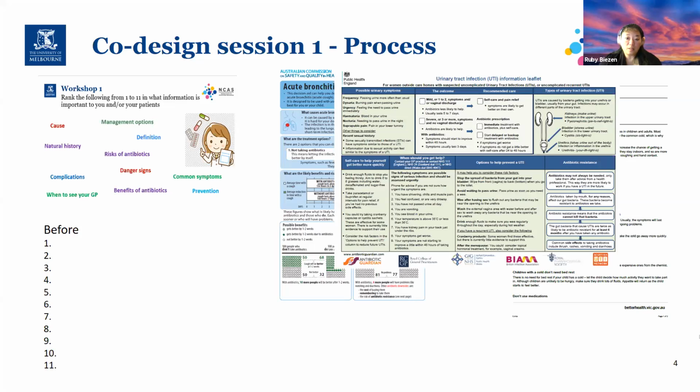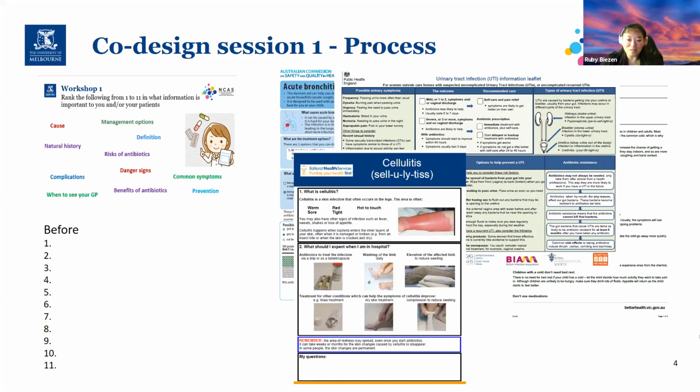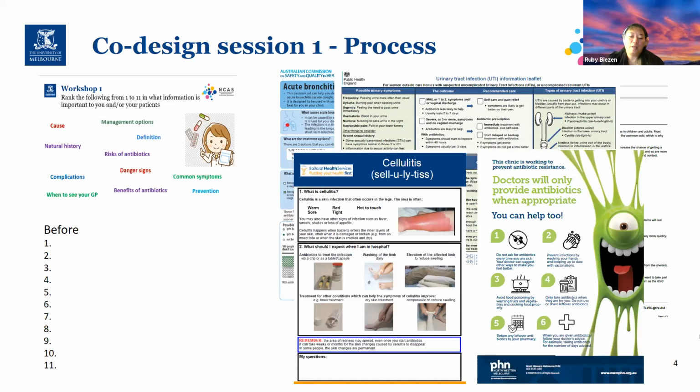This one's from the UK, an information leaflet on urinary tract infection. We also have a cellulitis information sheet from Ballarat Health Services. And the last one's from our primary health network, Northwestern Primary Health. After the roundtable discussion, we asked them to rank the 11 categories again from 1 to 11.